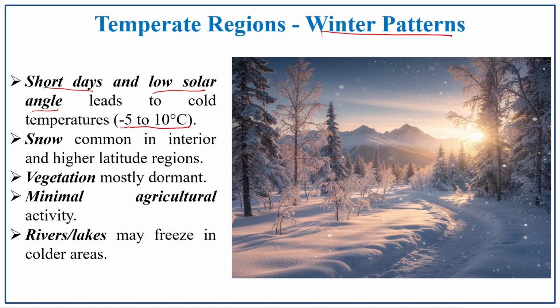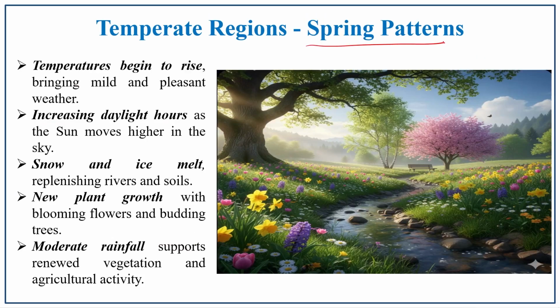The vegetation here is dormant because of the winter season, and there is minimal agricultural activity due to the severe cold condition, which does not favor agriculture. The rivers and lakes are in a freezing condition because of the low solar radiation and severe cold.